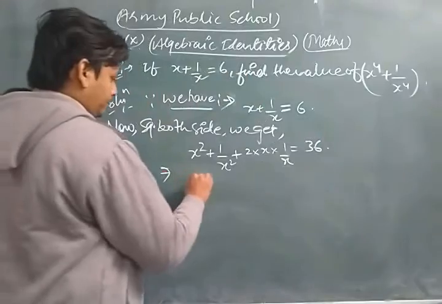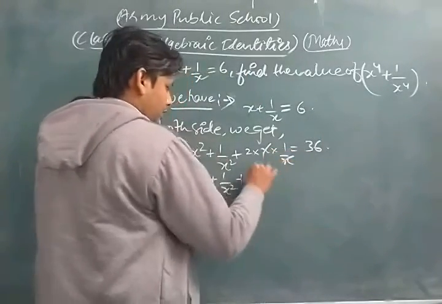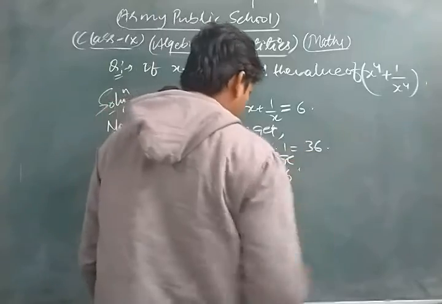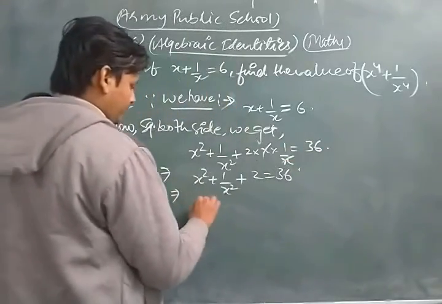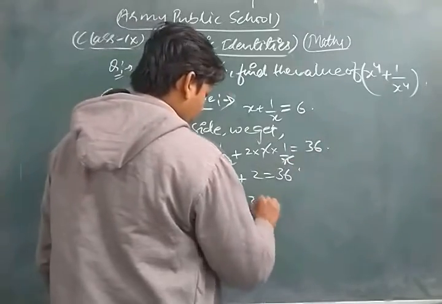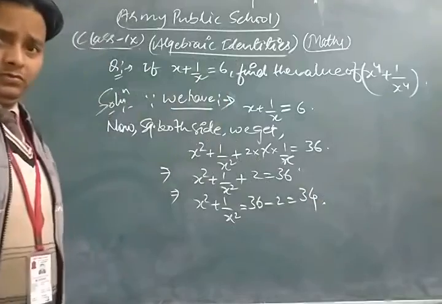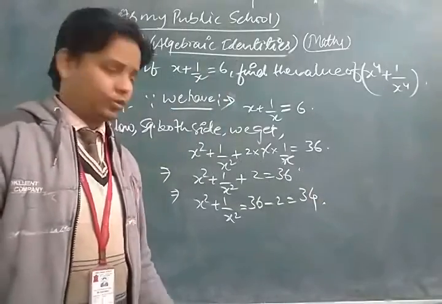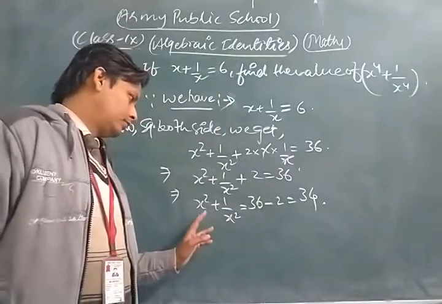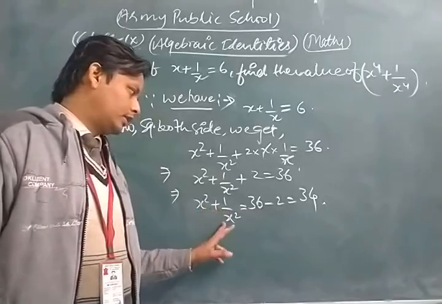Now x cancels each other, so x square plus 1 upon x square is equal to 36 minus 2, that is 34. So in this way, the value of x square plus 1 upon x square is equal to 34.